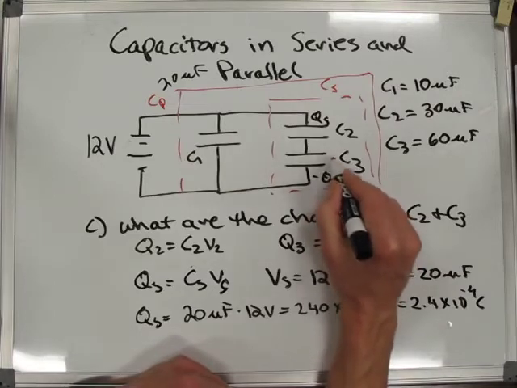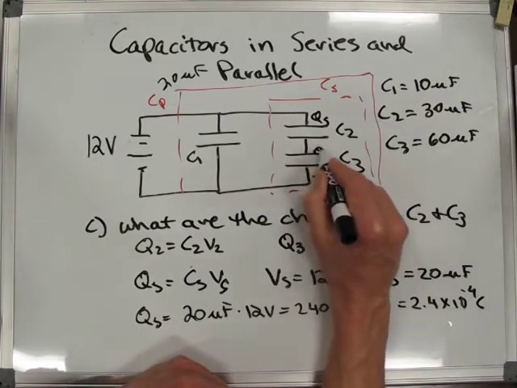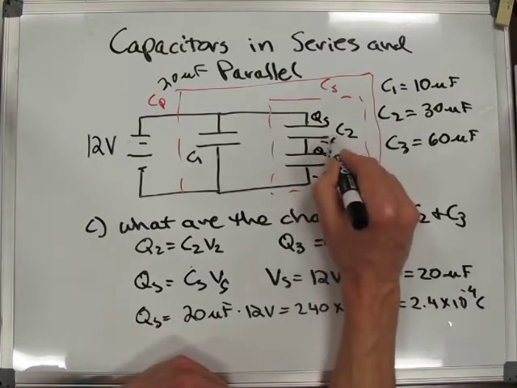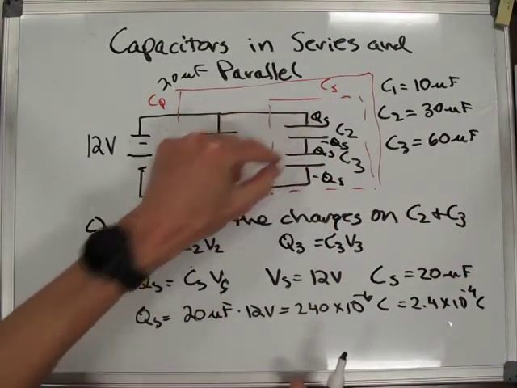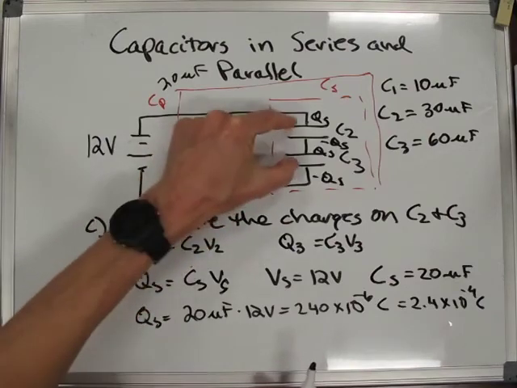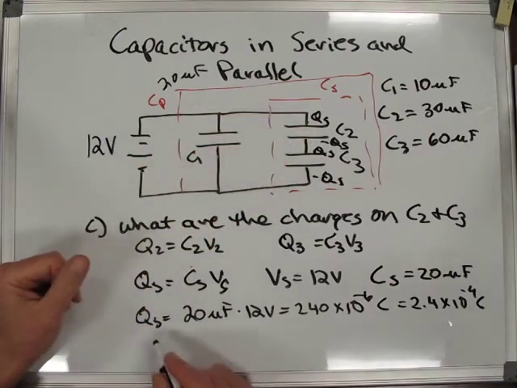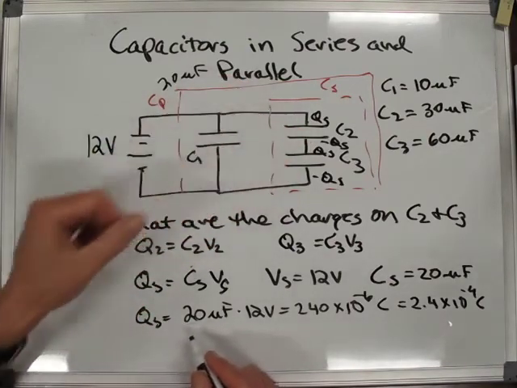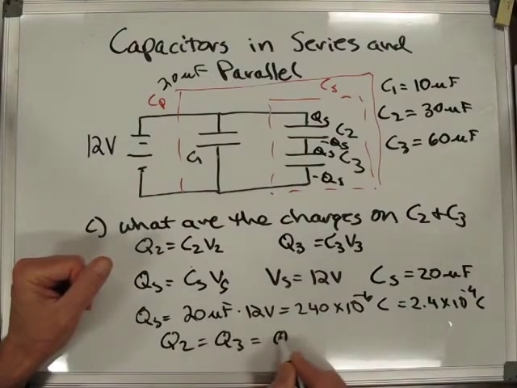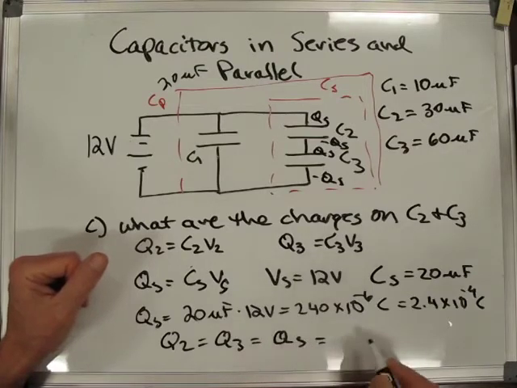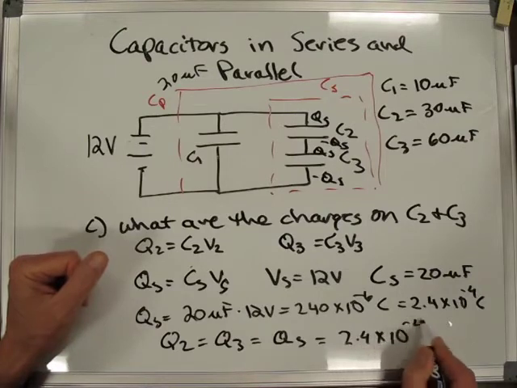And if there's minus Q series here, there's plus Q series on this top plate and minus Q series on this plate. So if I calculate the series capacitance for these two, each one has the same charge as the series capacitance. So I can say Q2 equals Q3 equals Q series equals 2.4 times 10 to the minus 4 coulombs.